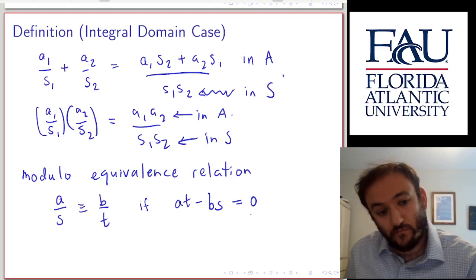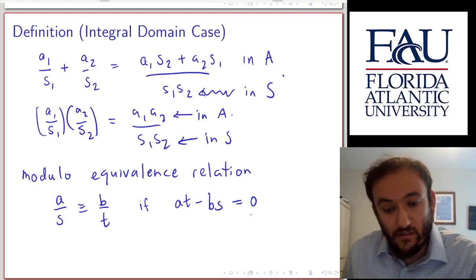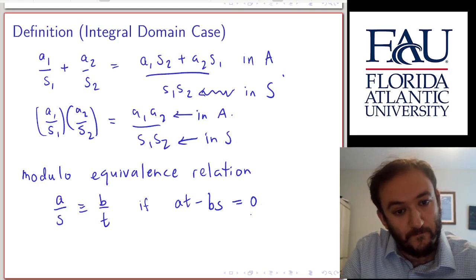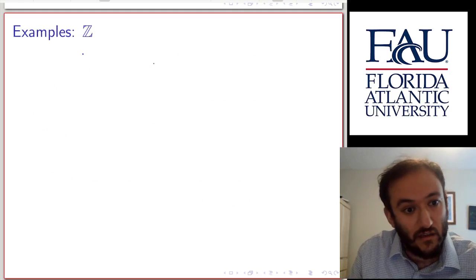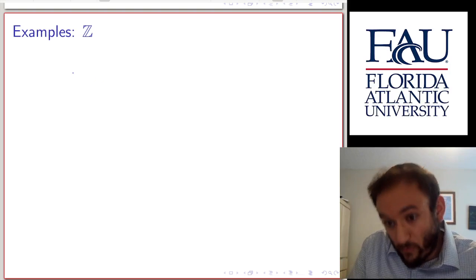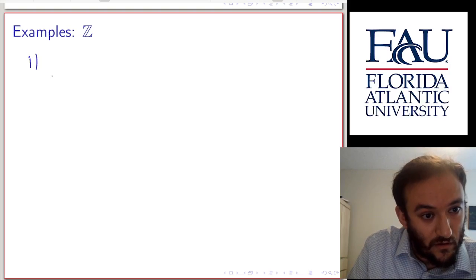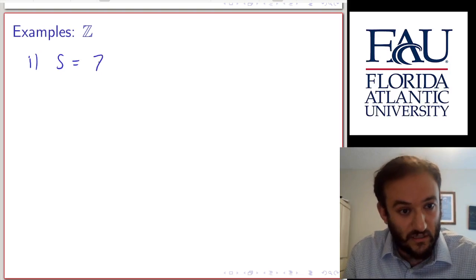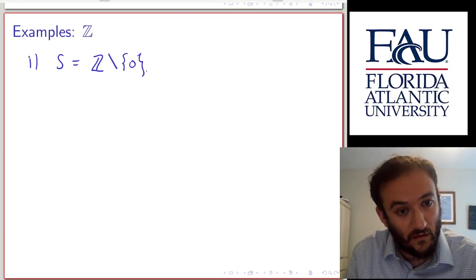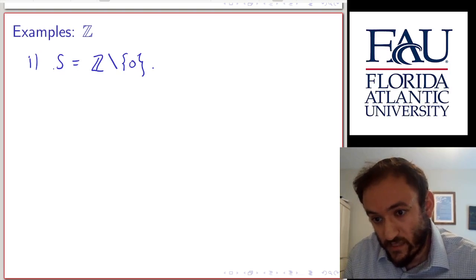Okay. And so this defines our ring of fractions with denominators in s, or the localization at s. Okay, now let's see some examples with the integers. As we mentioned, you can form the rationals out of the integers with this process. So let's show how. If you set your multiplicatively closed subset to be the integers except 0, then clearly 1 is in the subset, so that's good.